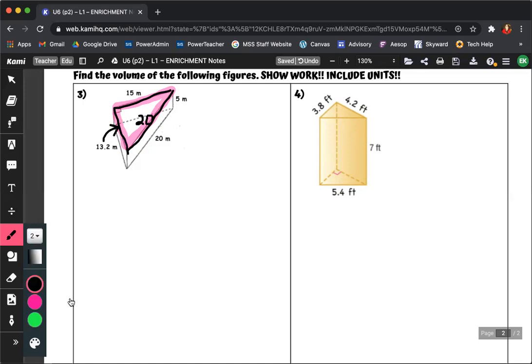So when we're looking for our right angle, the two sides that are connected at the right angle are 15 and 13.2. So for the area of our base, we're going to do 13.2 times our height of 15 all over 2.